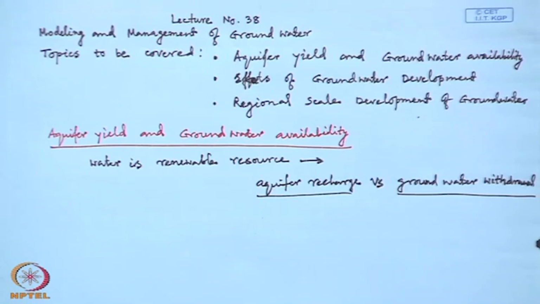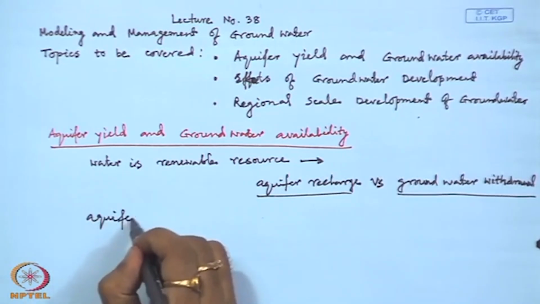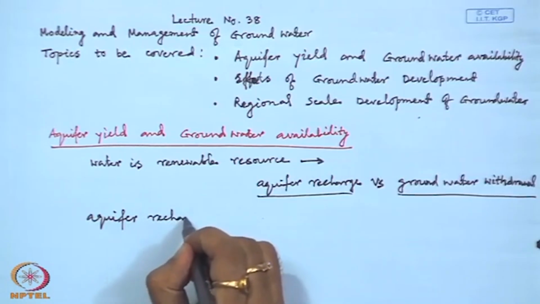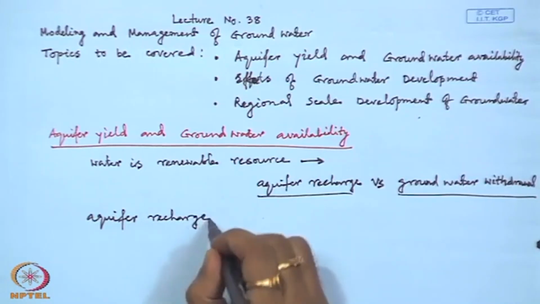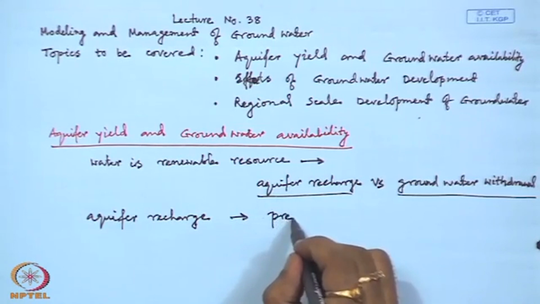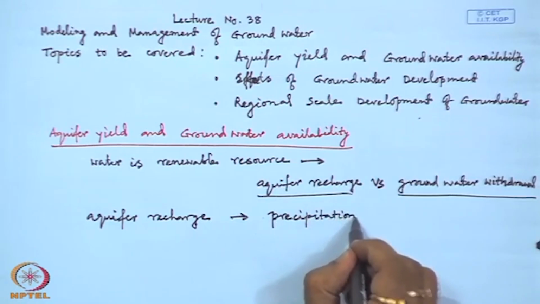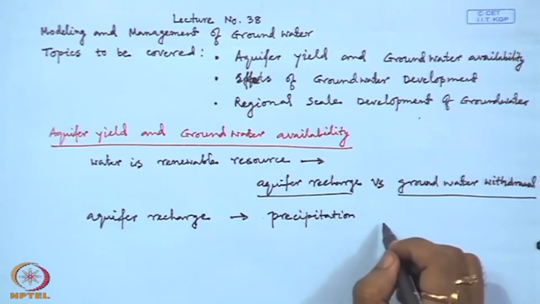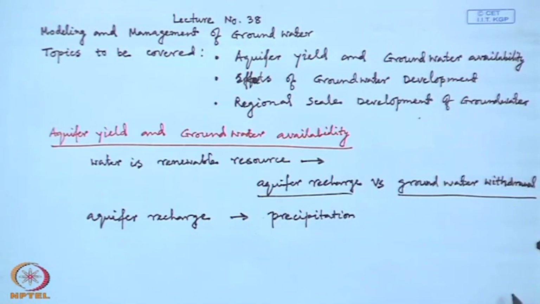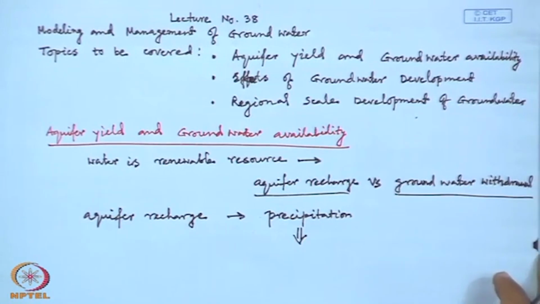So, what is the main source for this groundwater recharge? Aquifer recharge is mainly due to precipitation. The amount of precipitation is limited.